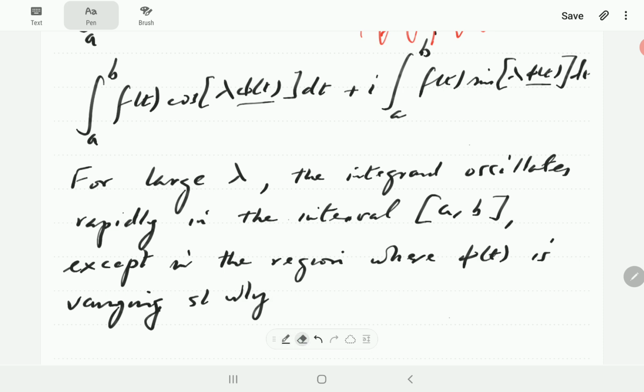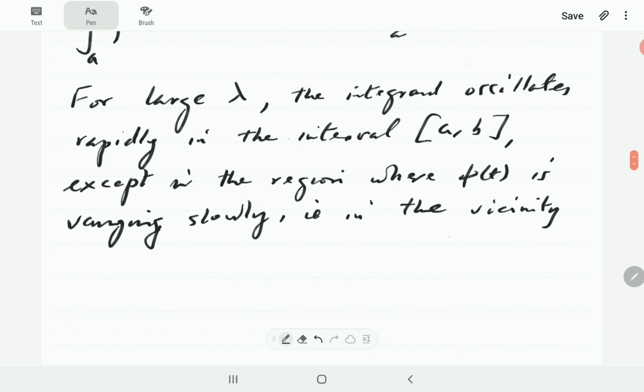Except where this function is varying slowly, and this is going to happen in the vicinity of the stationary points of phi.